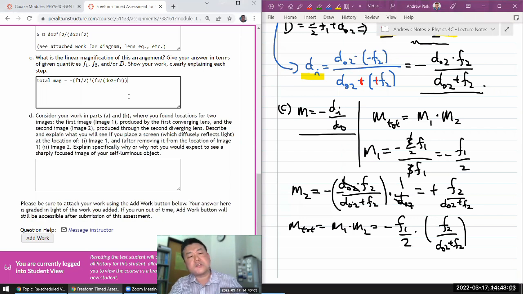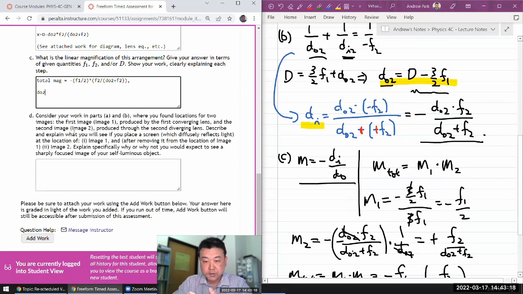And if you're answering this way, you would be doing me a favor if you define things. It says in terms of given quantities, and I am using DO2, so I should define DO2 in terms of the given quantities. So I say DO2 is D minus 3 over 2 times F1.